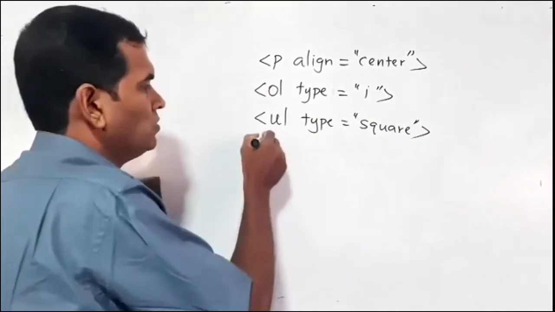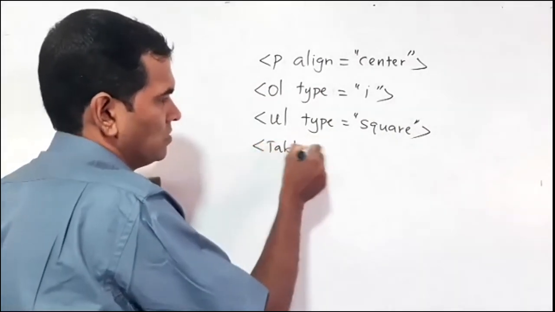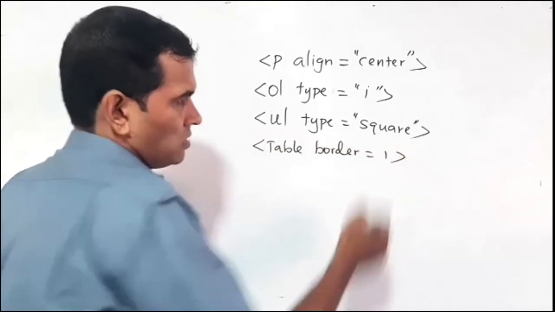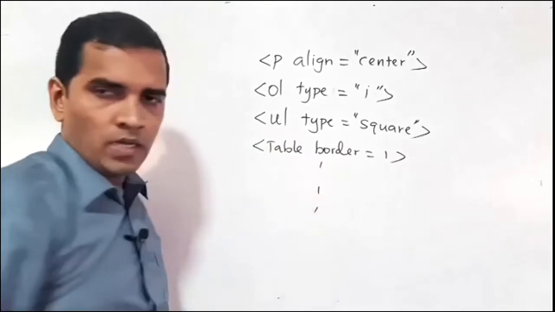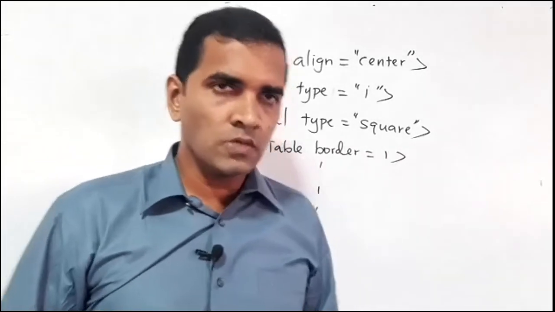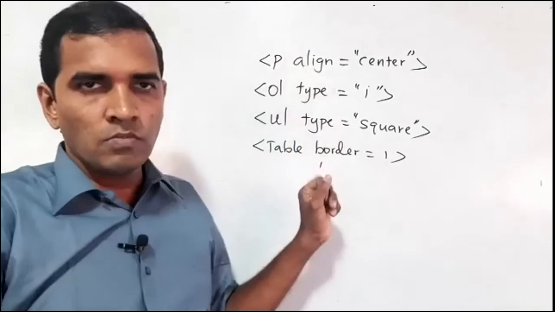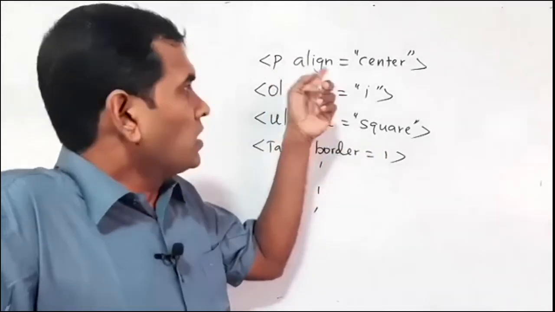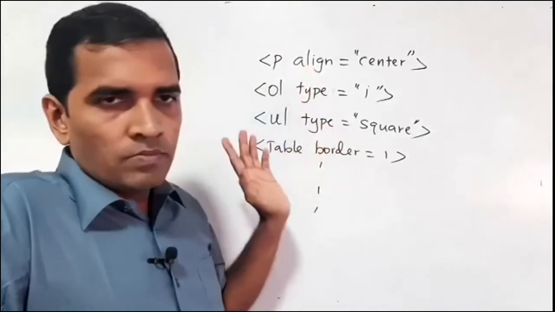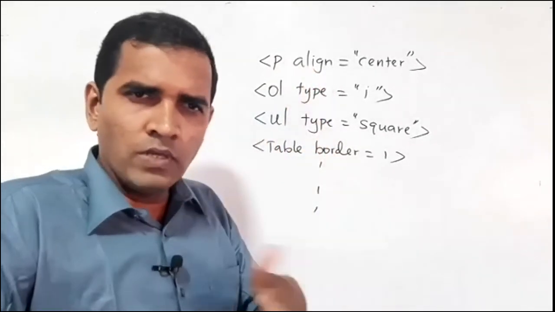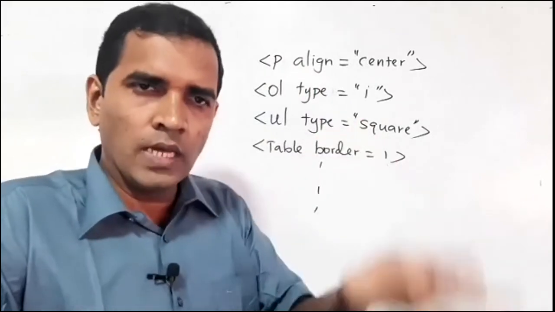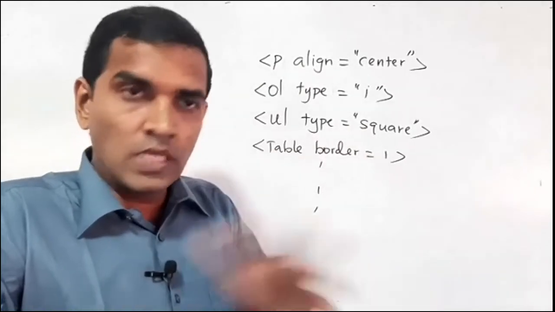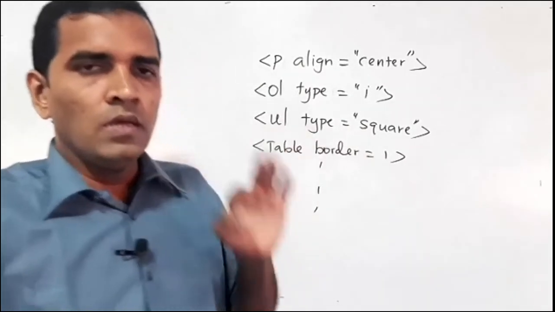Now we use table border. Not only this one, there are so many instances where we can use attributes, but I mentioned only a few examples here: align, type, border. Of course, colspan, rowspan, width, height, cellspacing, cellpadding, many.